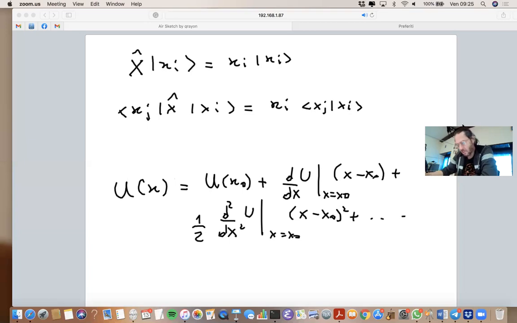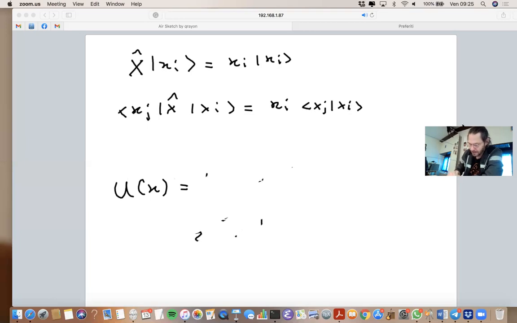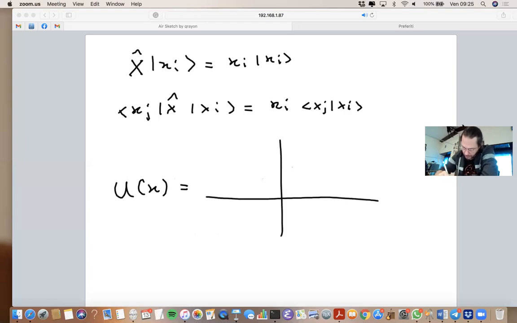And then you can continue to all orders. Now, what happens if you do that? Suppose my U of x is like, I don't know, I'm going to draw it around the point x naught, something like this.